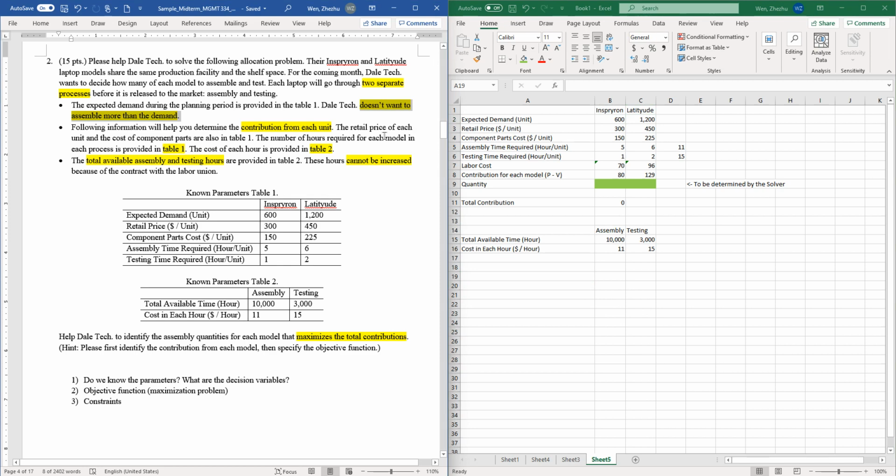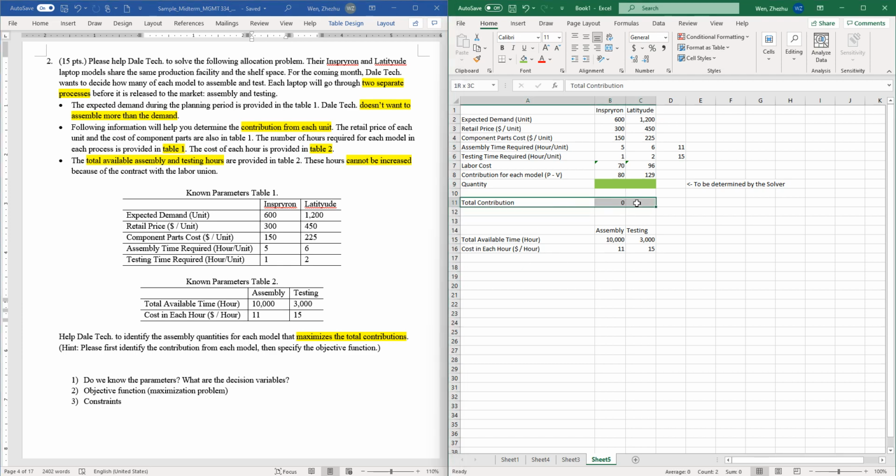And the other piece of constraints here is the total available number of hours for assembly and testing. Okay, so the total number of hours for assembly for both Inspiron and latitude combined should not exceed 10,000 hours. Okay, that's the same with the testing, which should not exceed 3,000.